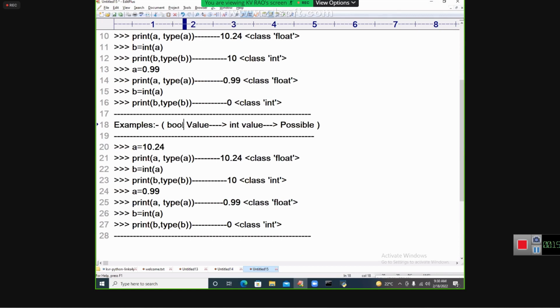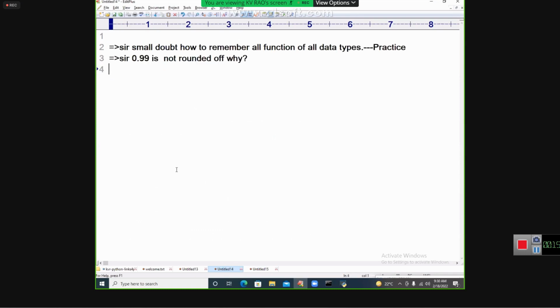Soloni, you are writing it. See, it is a very simple thing. Don't get confused like that. Sir, 0.99 is not rounded. How can it round by default? Are you using any kind of function like round?